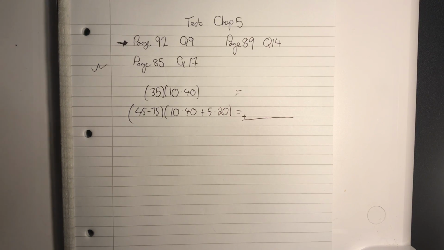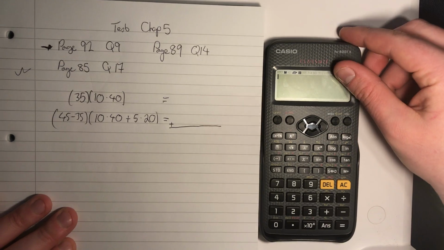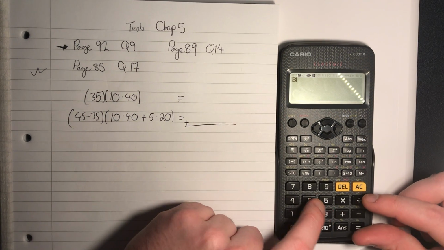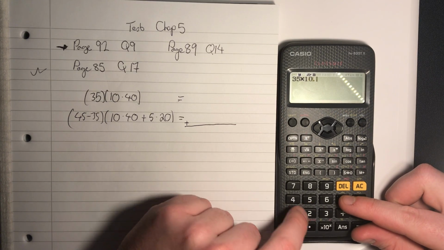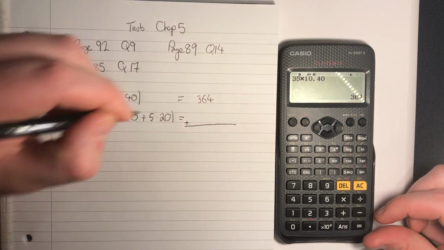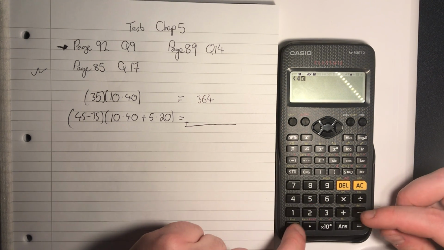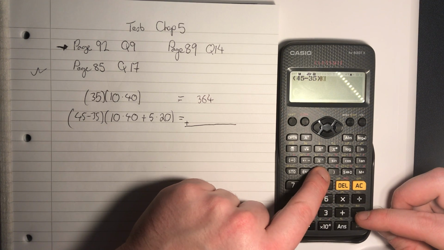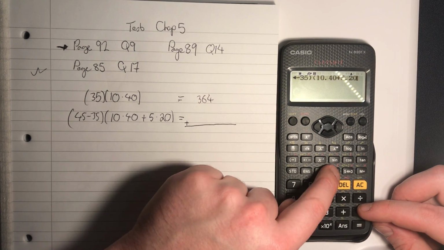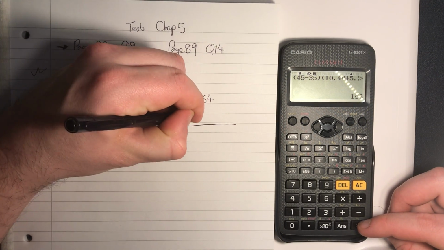So let's push that into our calculator. If I move that here, you might be able to see me working on the calculator, which is a benefit of doing it in this format. So it's 35 multiplied by 10.40, which is 364. We need brackets for the next one: 45 minus 35, close bracket, start bracket, 10.40 plus 5.20, equals 156.